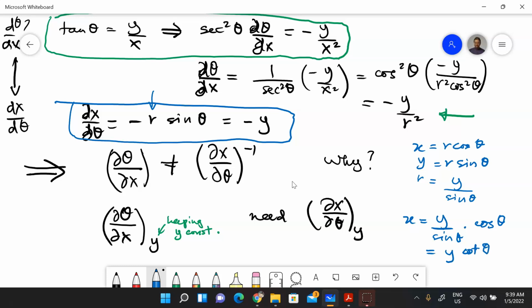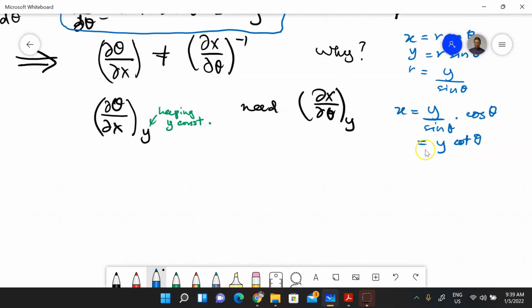I'm running out of space. Now let's try to do this. If we take the partial derivative of x with respect to theta, but now keeping y constant, this would be what? What's the derivative of cotangent theta?